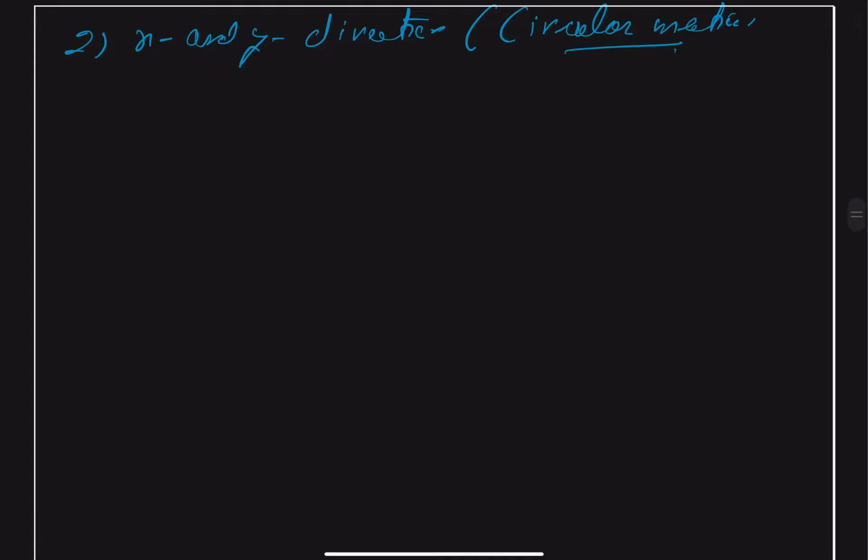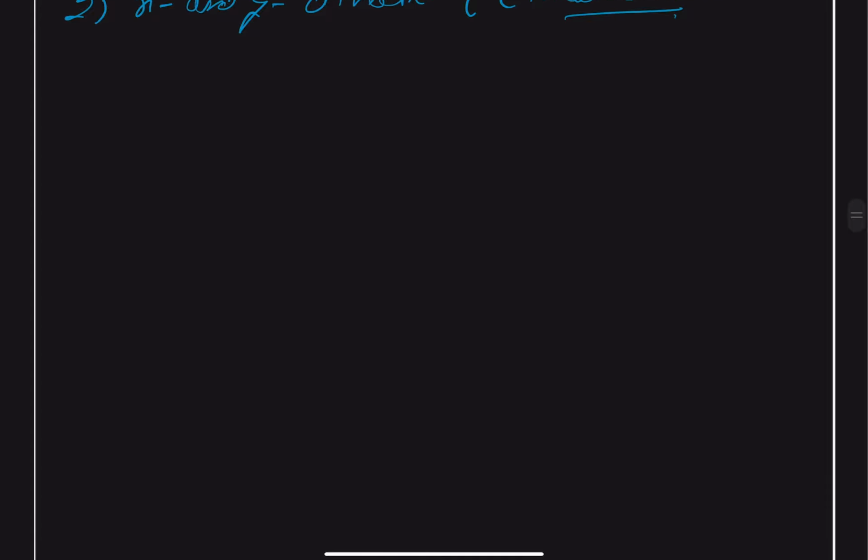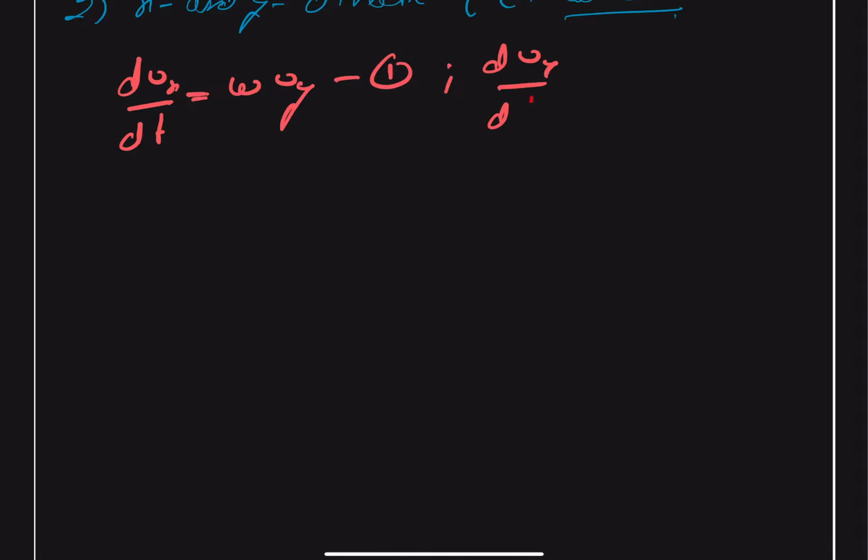Similarly we can write dvx by dt equals omega vy, let us call this equation number 1, and dvy by dt is equal to minus omega vx, let us call this equation number 2.